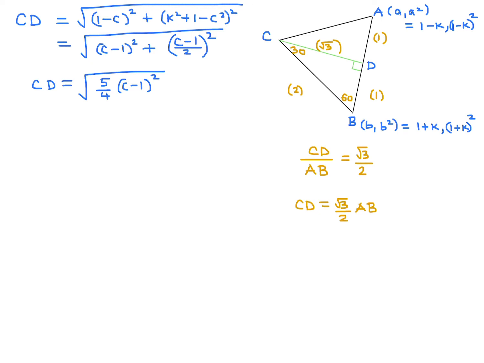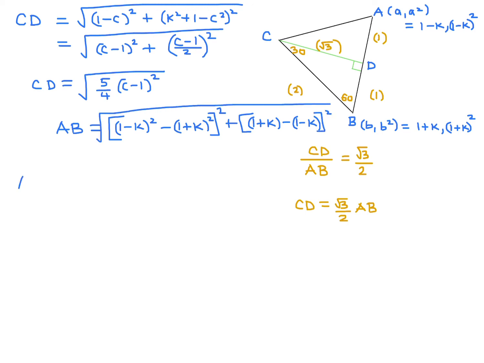All right, so let's figure out AB. AB is going to be 1 minus k squared minus 1 plus k squared. This is the distance formula, all squared. And then we add to that 1 plus k minus 1 minus k, all squared, all under the square root sign.